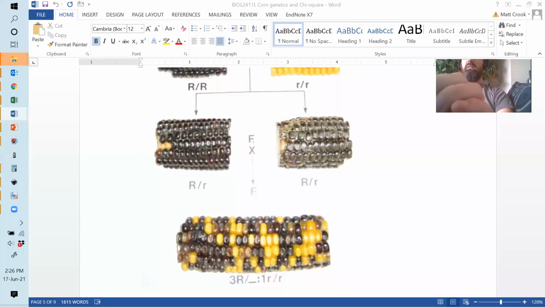Your expected for purple equals 300 times 0.75, which is, oh, should have chosen 400, shouldn't I? It's 150 plus 75, so that's 225. So that's how you get the expected values. You always multiply the total number of whatever's counted by the expected fraction for that particular phenotype.